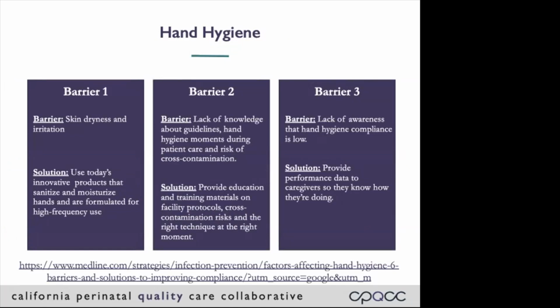Our second barrier was a lack of knowledge about guidelines and hygiene moments. And again, that's where tools like the previous tool can help. And then finally, the last one is lack of awareness about hand hygiene compliance in general. Once you have your observations and you can put them into a bar graph or a run chart, however you want to do it, posting that at a huddle board or a Gemba board, or making it available at your staff meetings, is a great way for staff to become aware of it.